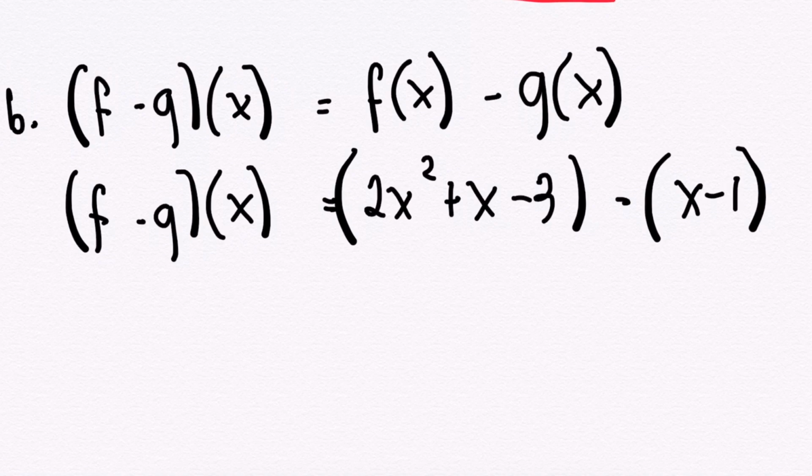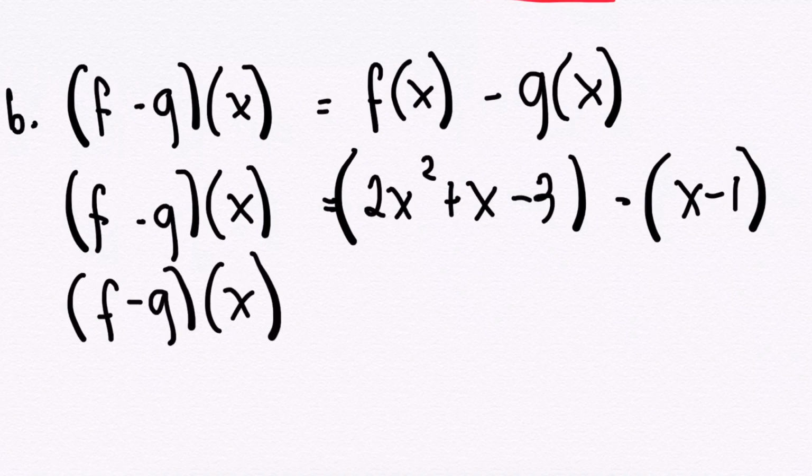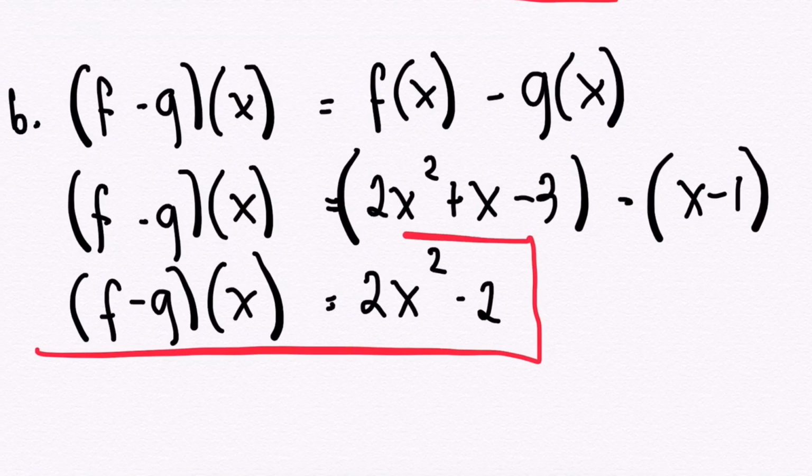Let's combine similar terms. So f minus g of x is equal to 2x squared, x minus x is 0, negative 3 plus 1 is negative 2. So the answer is f minus g of x is equal to 2x squared minus 2.